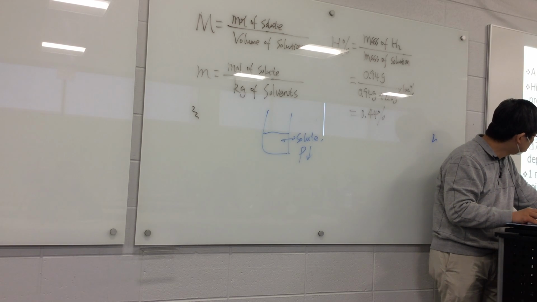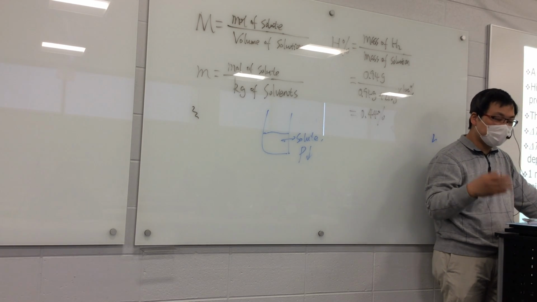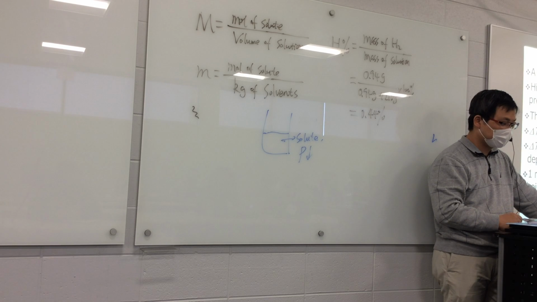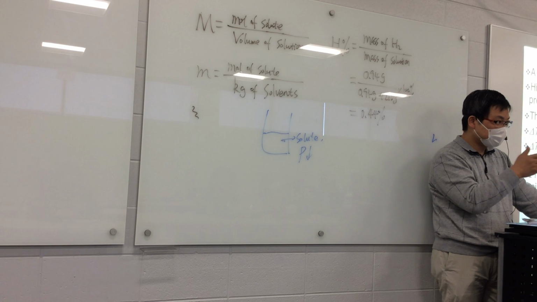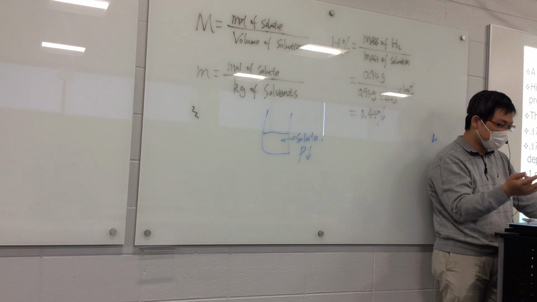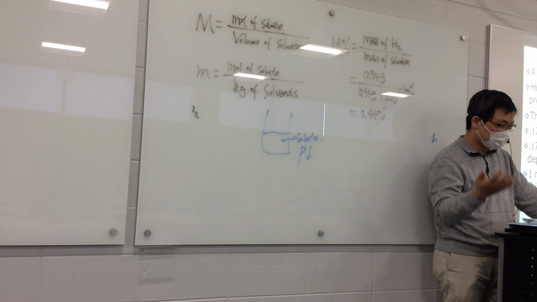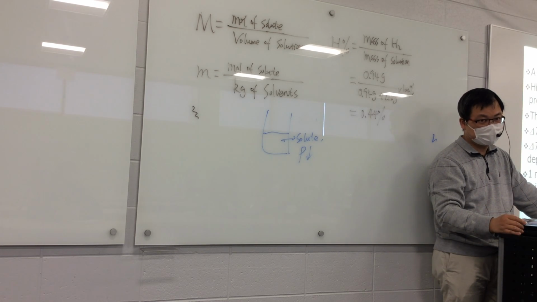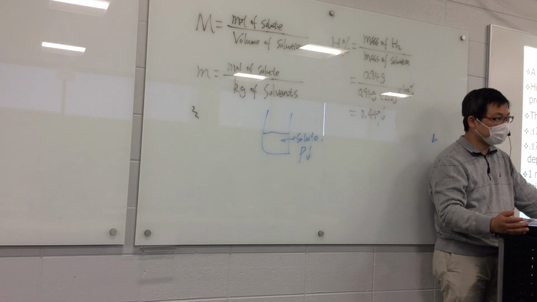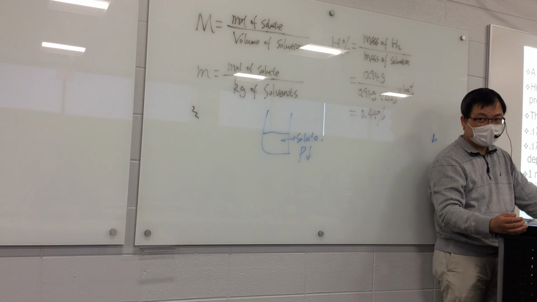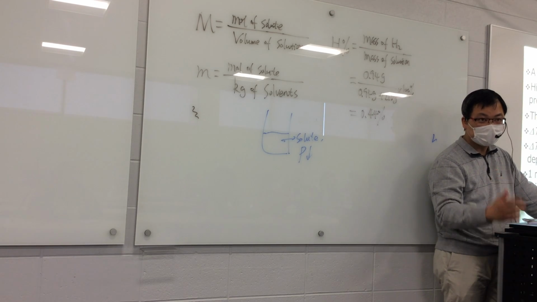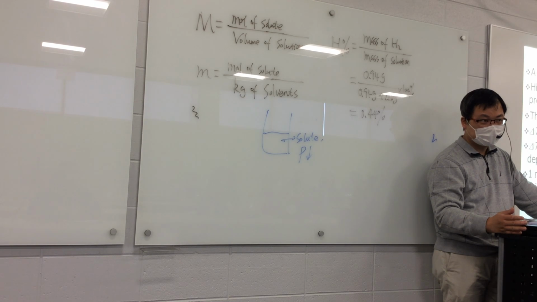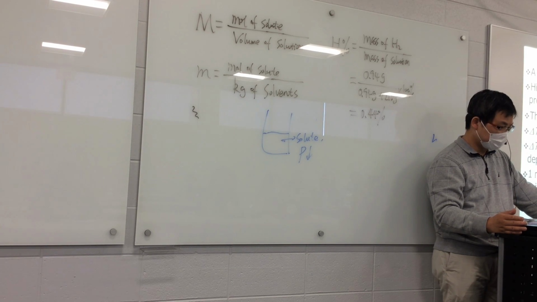And the K_b refers to the solvent boiling point elevation constant. As you can see from this equation, the boiling point elevation depends on the solute's concentration, not identity. And that's the reason we call it what? Colligative properties. Colligative properties only depend on concentration, not the identity of the solute.